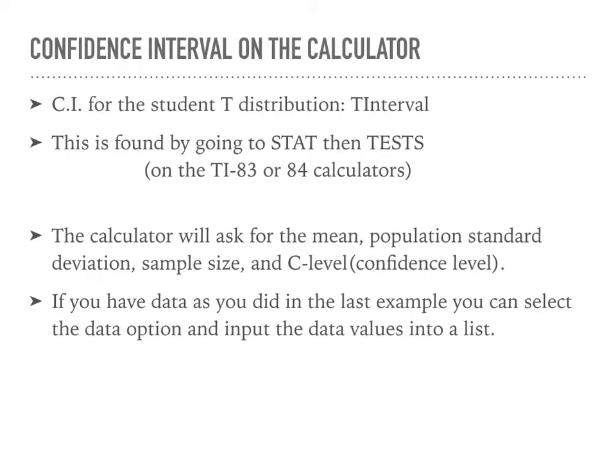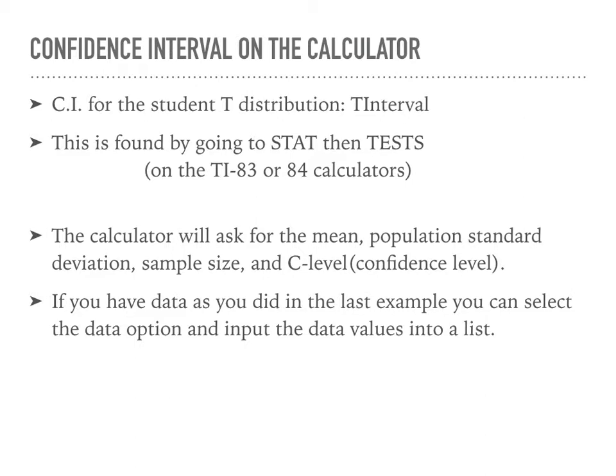Now again, we can do confidence intervals on the calculator, and I do want to encourage you to go ahead and use these functions if you have them. The calculator can have you input your standard deviation and mean and sample size and confidence level, or if you have a list of data values like we did in the last example, you can put your data values into a list and then tell the calculator that you have data that you've entered instead of entering the statistics.